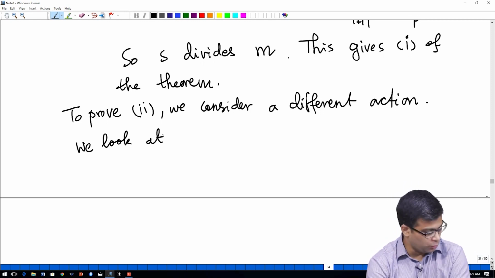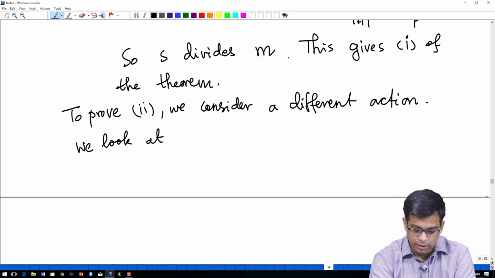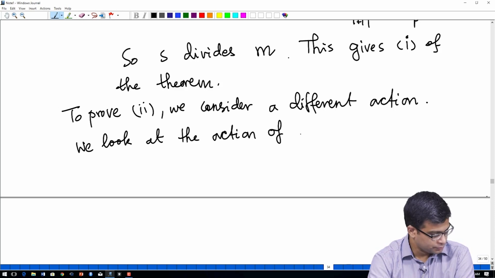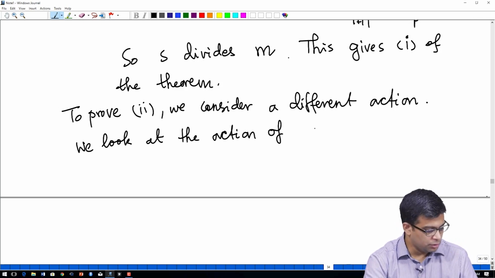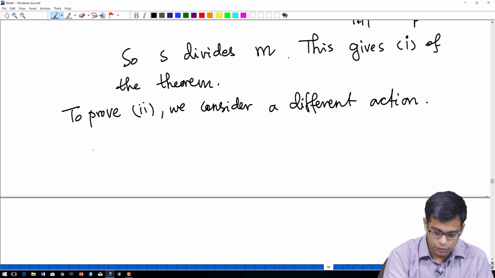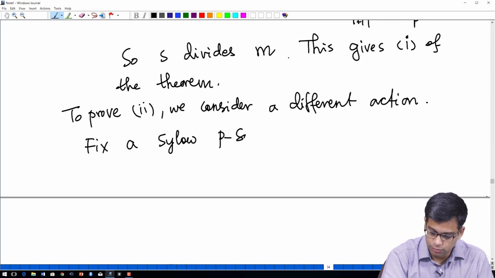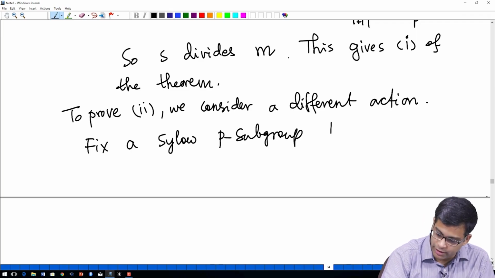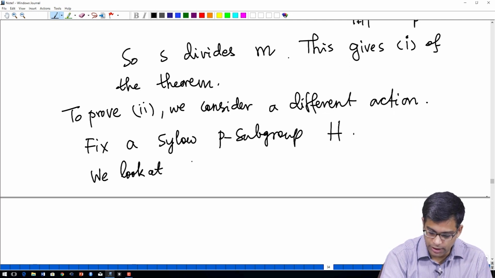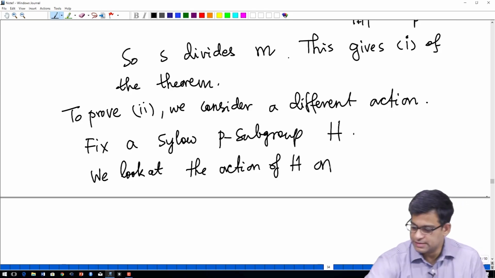To prove statement 2, I will look at the action of H. So, we fix a Sylow p subgroup, call it H, and we look at the action of H on the same set as above.